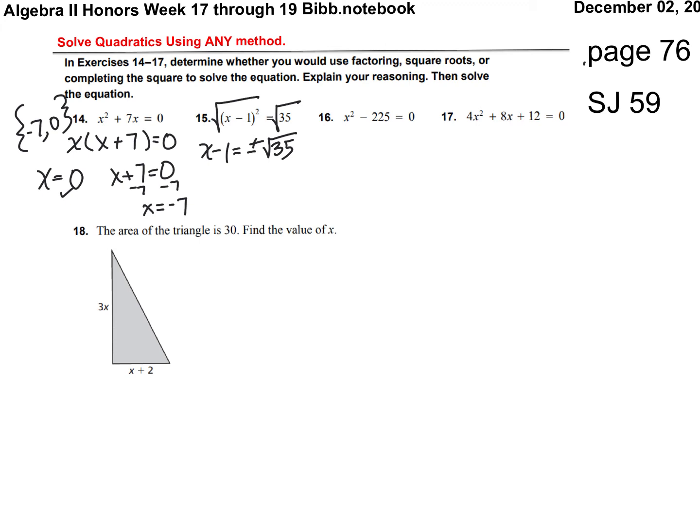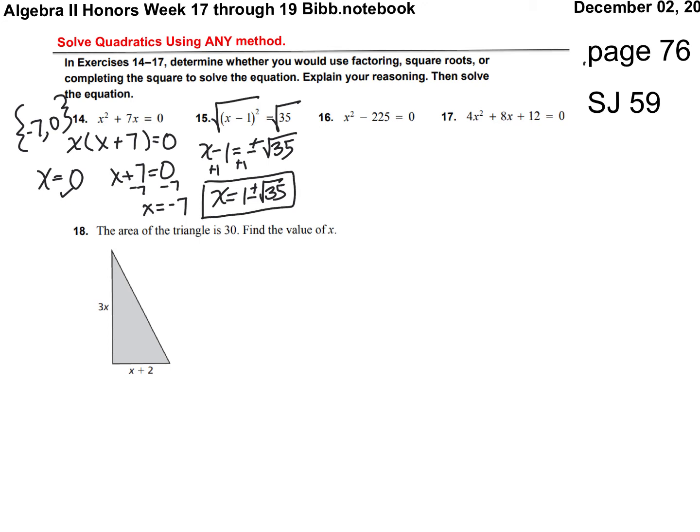None of those besides 1 is a perfect square, so plus or minus the square root of 35 is as simple as it gets. And then I'm going to get my x alone by adding 1. So x will equal 1 plus or minus the square root of 35.